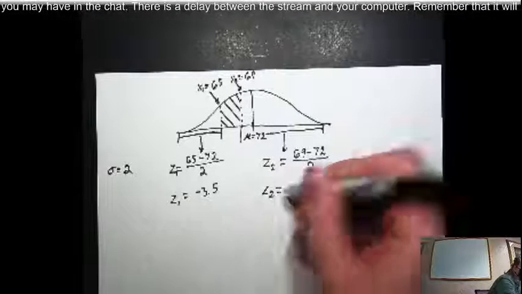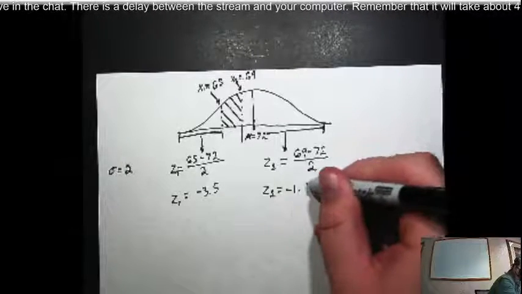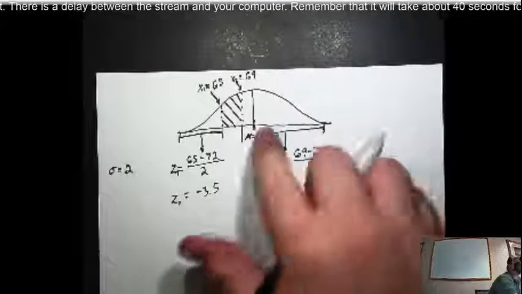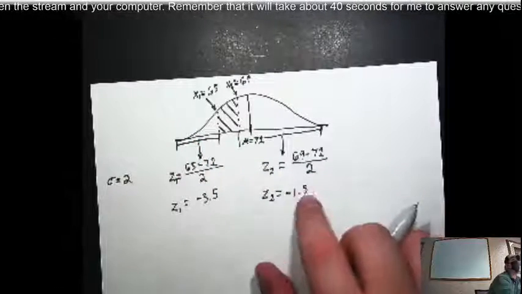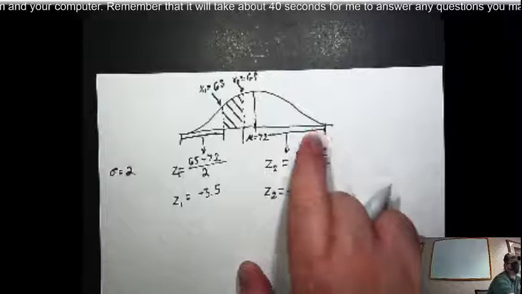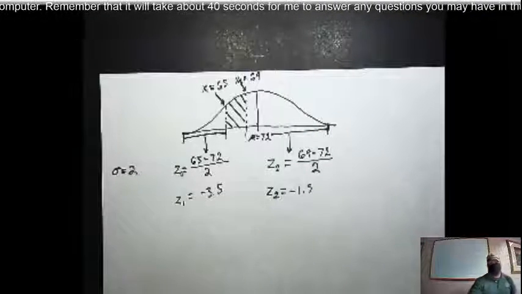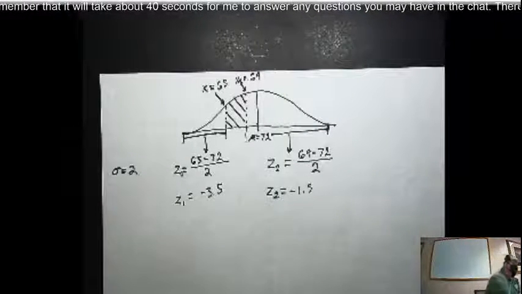So z2 equals -1.5. Again, this is not quite yet to this side, it's just calculating this. We need to find the probability for this and then flip it to this side by subtracting it from 1. So let's find our probabilities.